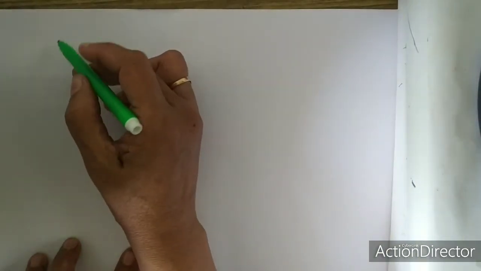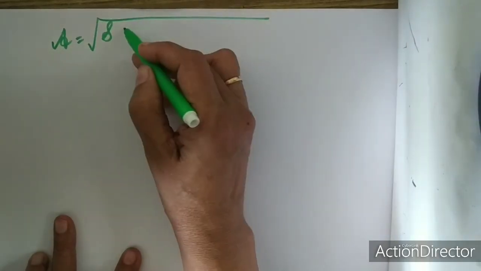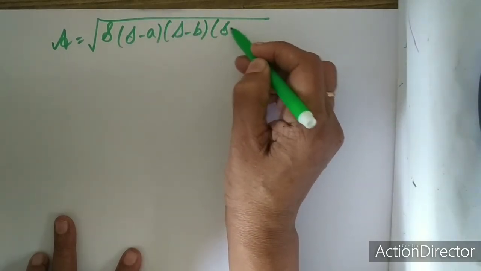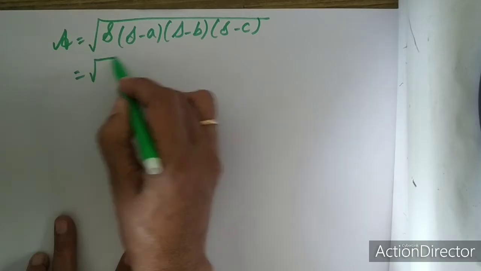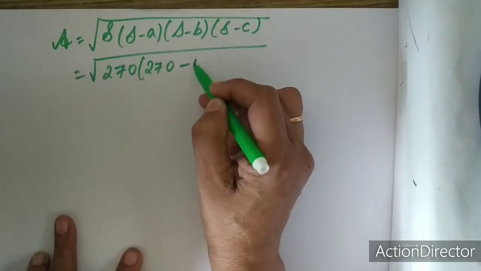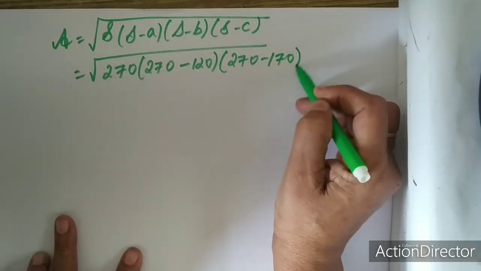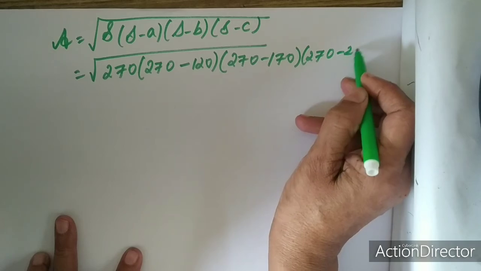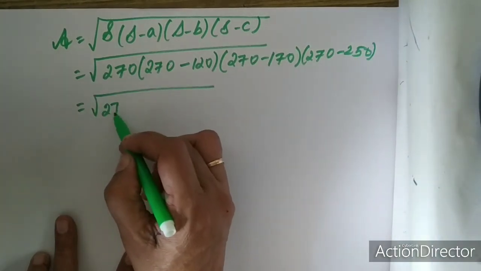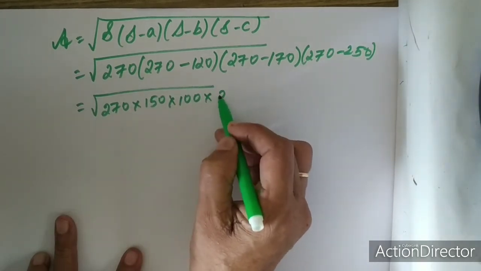Now using the formula, area is equal to root of S into S minus A into S minus B into S minus C. This is equal to 270 into 270 minus 120, 270 minus 170 into 270 minus 250. So this is equal to root of 270 into 150 into 100 into 20.